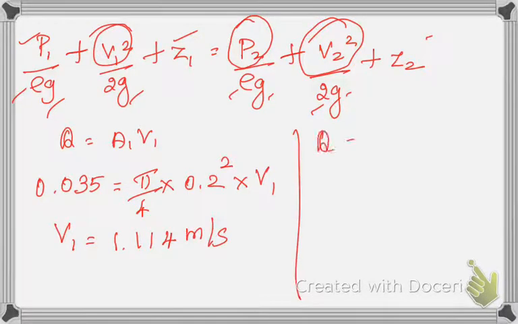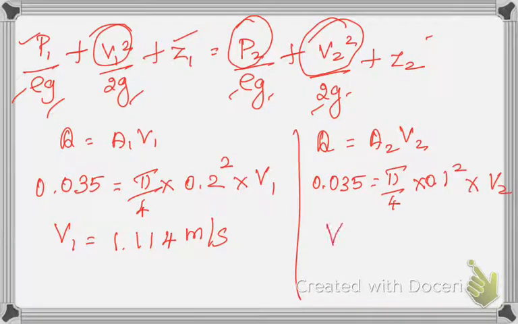Similarly, Q is equal to A2 V2. So 0.035 is equal to pi by 4 into 0.1 squared into V2. So V2 will be equal to 4.456 meter per second. So in this equation all the values are known to me except the value of P2.